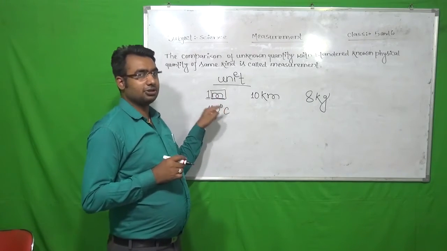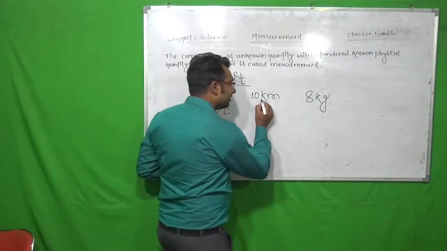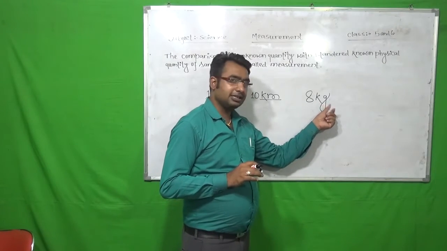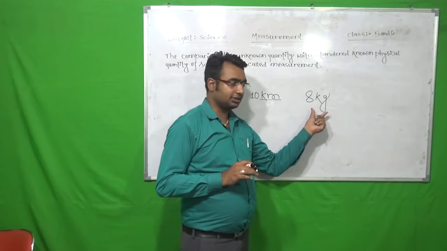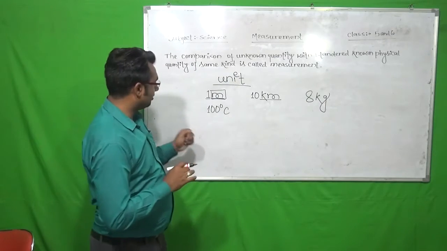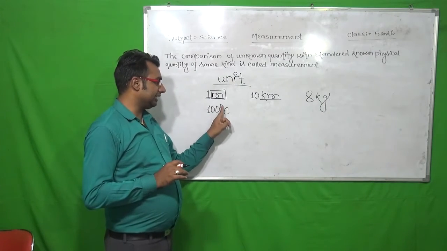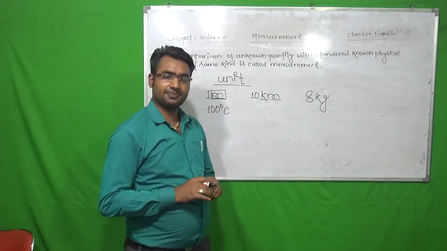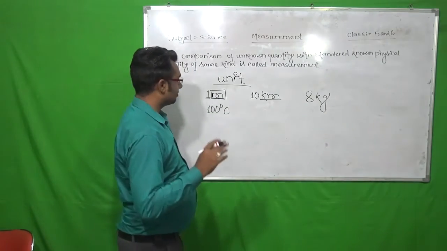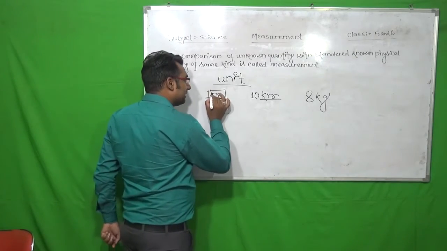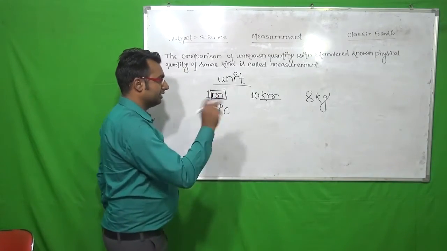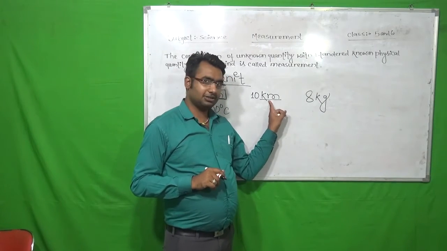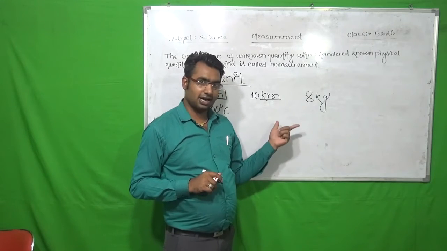M is used here to denote meter, as well as Km is used here to denote kilometer. Meter is the unit of length, as well as kilometer is also the unit of length or distance.